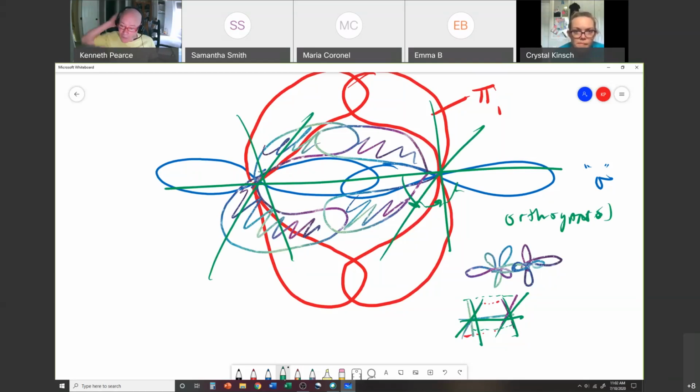Orthogonal means zero when you multiply them together. And so in this 3D space, the p orbitals between the two pi's and the sigma are orthogonal to each other. That's the only way it can work to get these to mix mathematically.